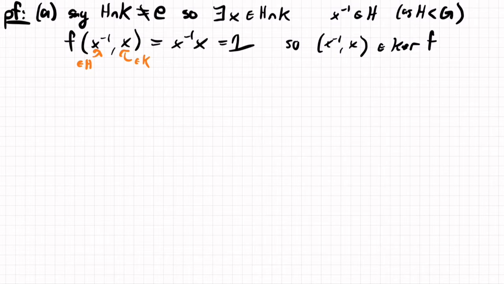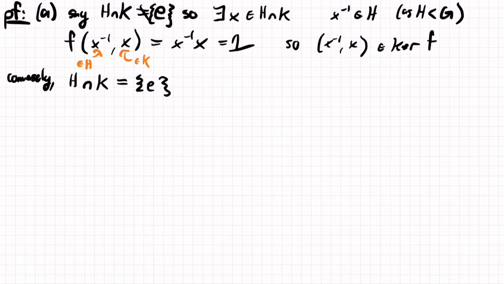And okay, so that's one direction. Now the other direction, so conversely, we suppose that H intersect with K equals the identity. I guess I should say the set containing the identity there. And we want to show that the map is injective.